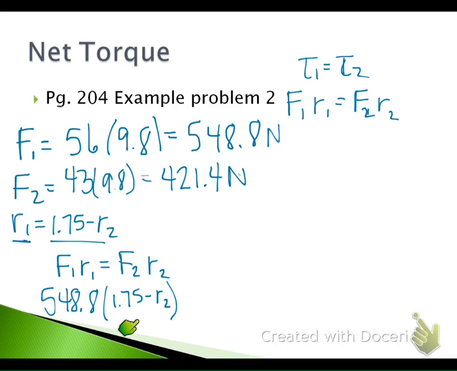Do we see that? Then F sub 2 is 421.4 times just regular R sub 2. All right, so let's solve for R sub 2 here. We need to distribute this 548.8 through that parentheses, so 548.8 times 1.75 minus 548.8 R2.